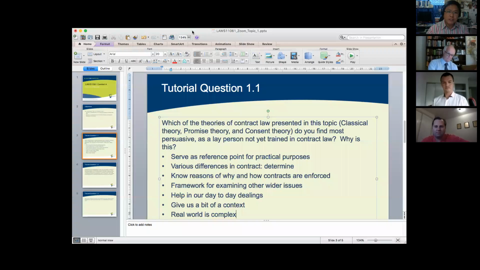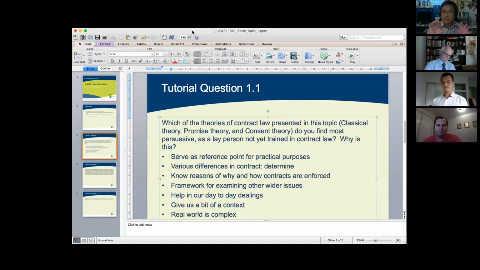For example, these various theories of contract law are attempts to explain, in a very simplified format, what the reasons might be that underlie the attempt by courts to come up with decisions in a particular way.